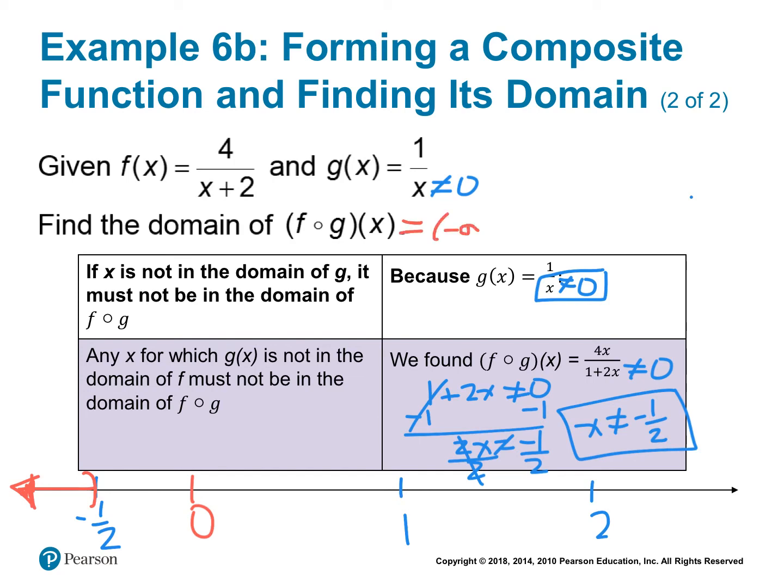So negative infinity to negative 1/2, parentheses. Then I can have anything above negative 1/2 up to 0. And then anything from 0 and above. And those should all be parentheses. Okay, so that is my domain.